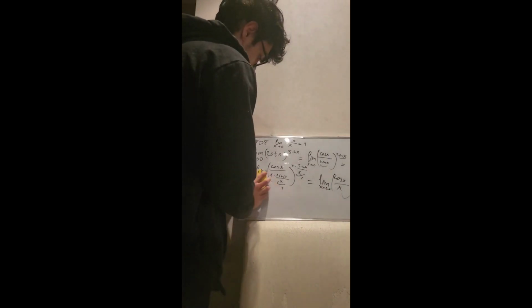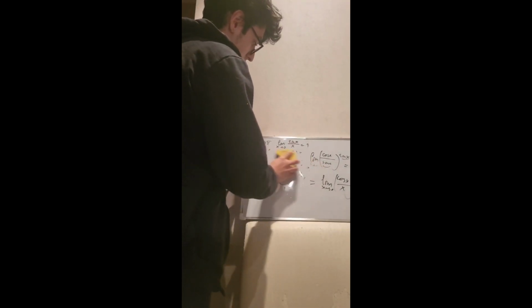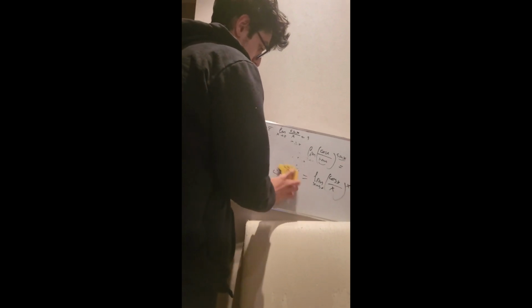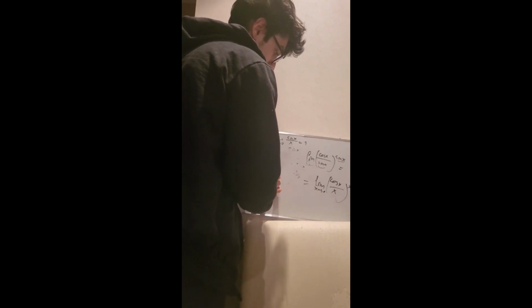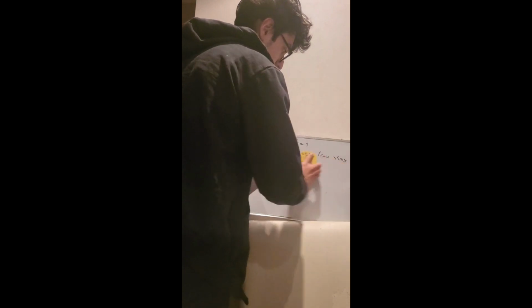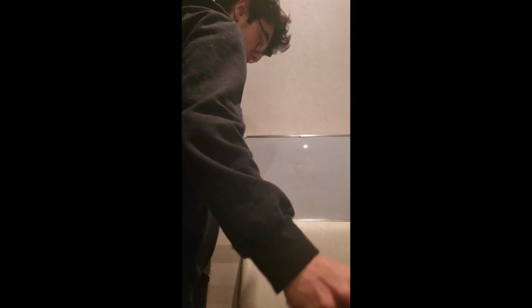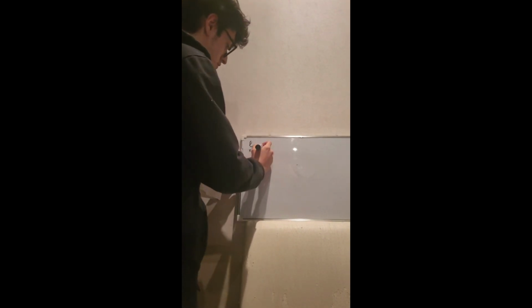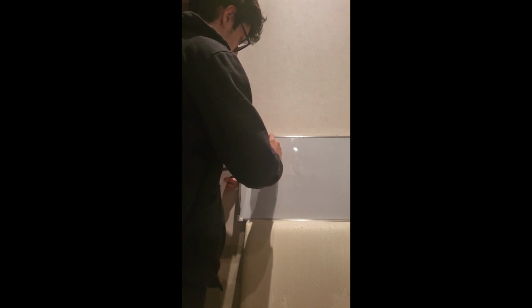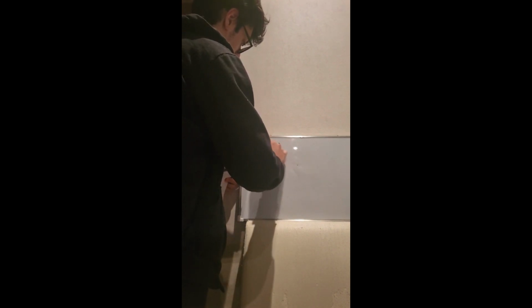Yes, I will erase this because there is no space for writing cosine x over x. Yes, finally we got limit x approaching 0 cosine x over x, power of x.